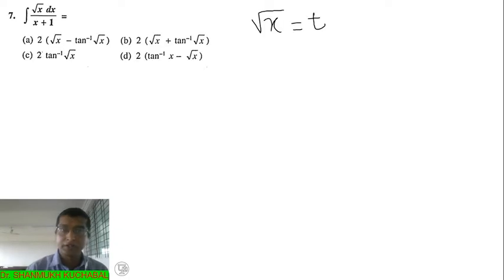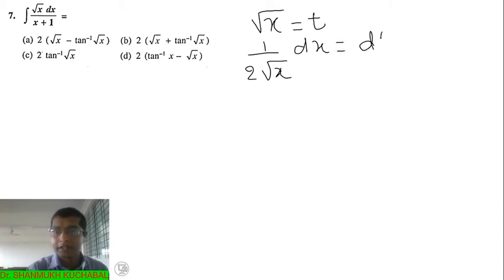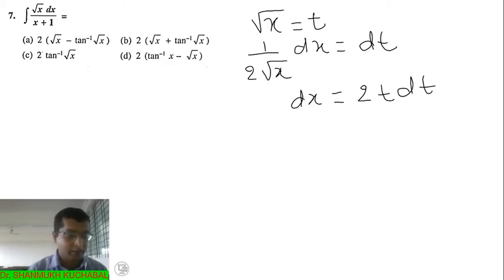If you differentiate this, root x differentiation is 1 by 2 root x into dx, and t differentiation is dt upon dx. Further I can solve for dx: dx equals 2 root x dt, so we get 2t dt.